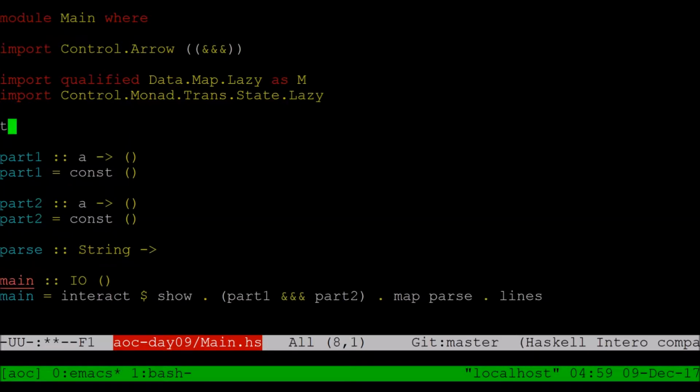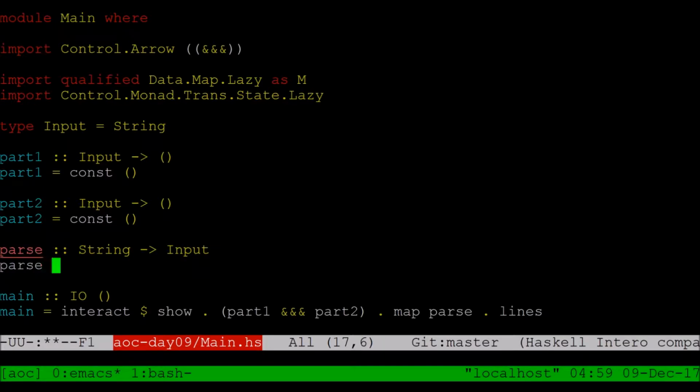Let's say type Input equals, so far, String. We don't know exactly. Words. I don't know. Parse equals identity.